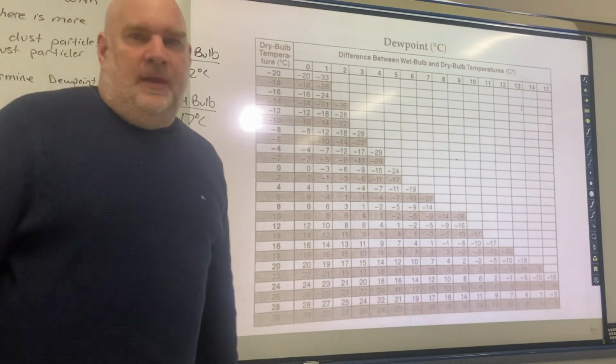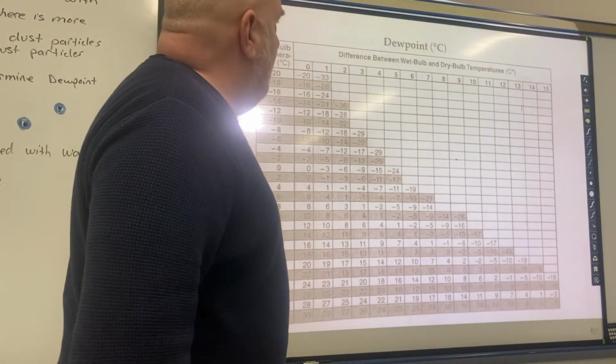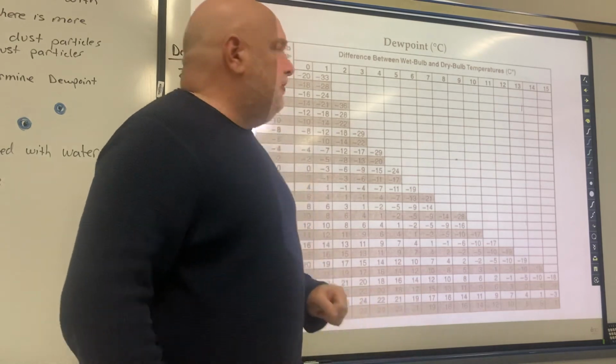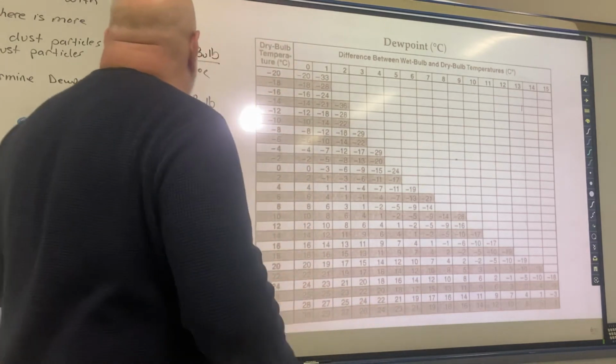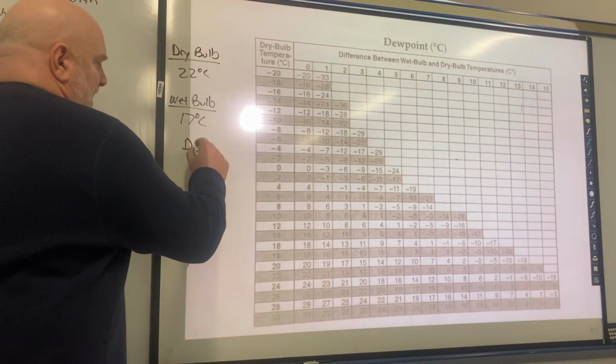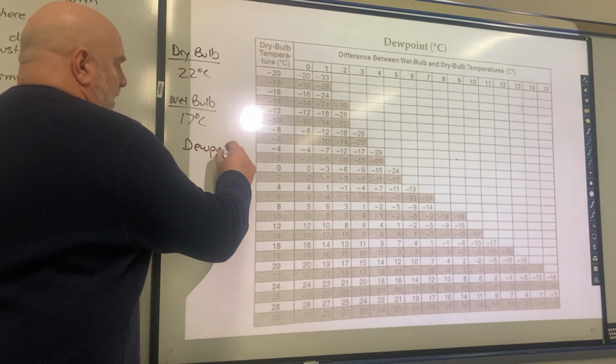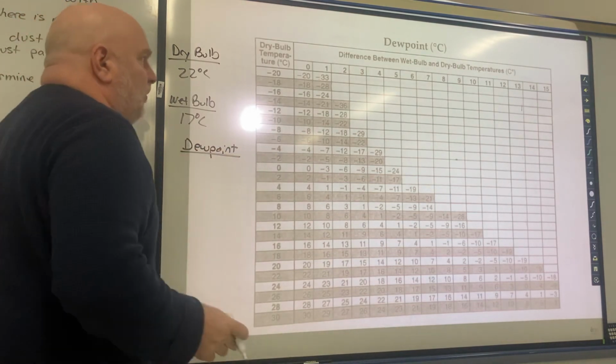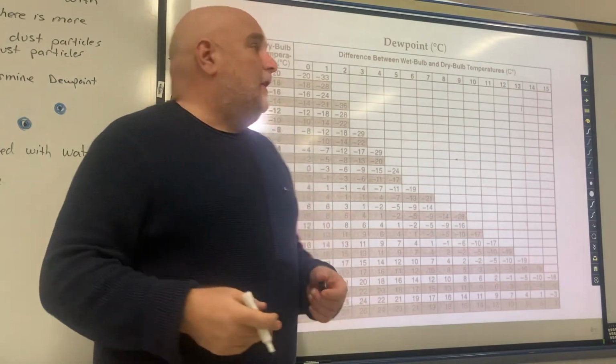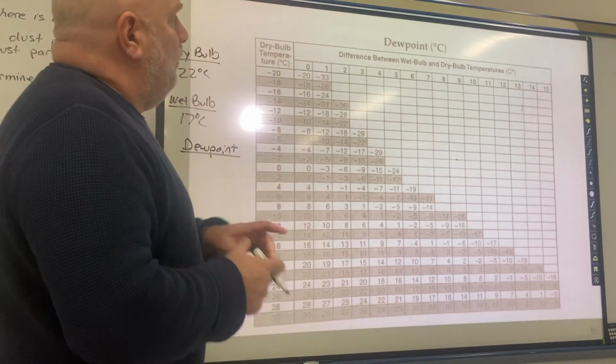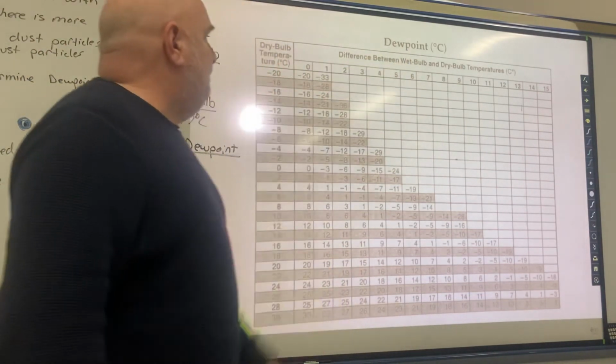This chart is on page 12 of your reference tables, and there are two charts that look similar to each other. Right now, what we're trying to find is the dew point temperature, the temperature at which condensation would start to happen in this room. So you want to go to the chart that says dew point on top of it.